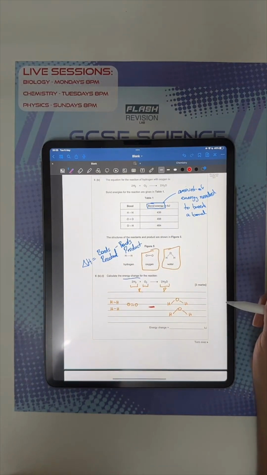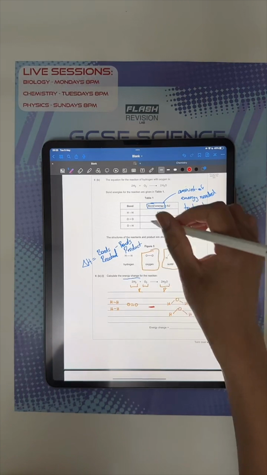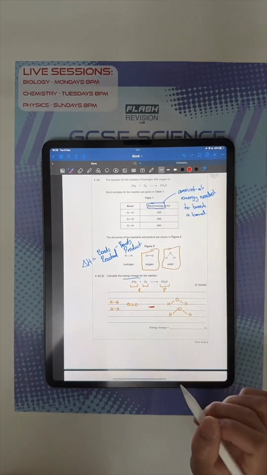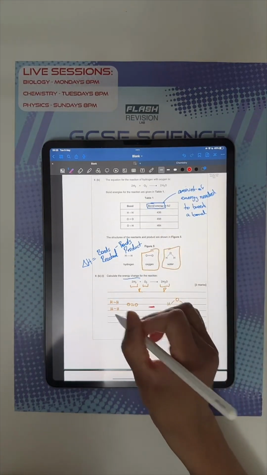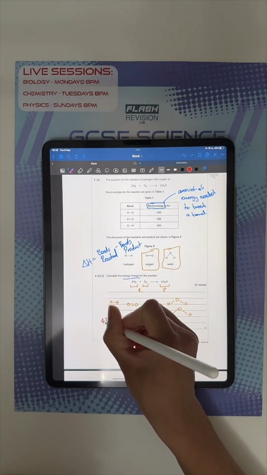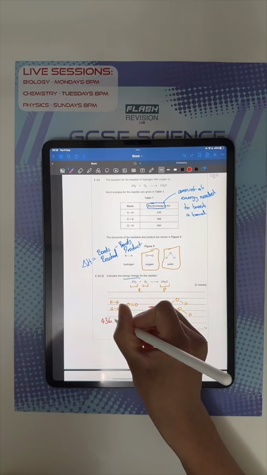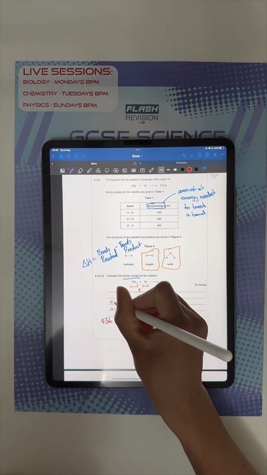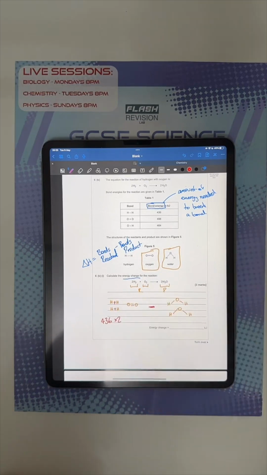So for our calculation, we know 1 H-H bond is 436. We want 2 H-H bonds, so you do 436 times 2 because we need to break this bond and this bond.